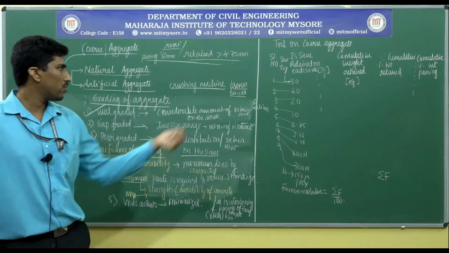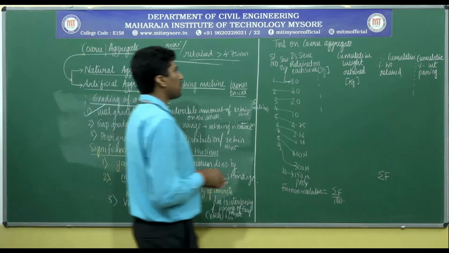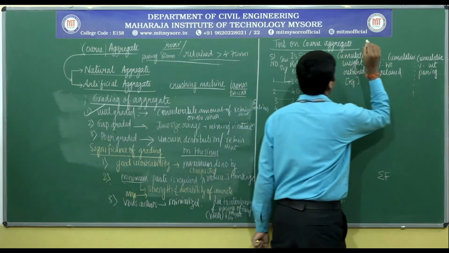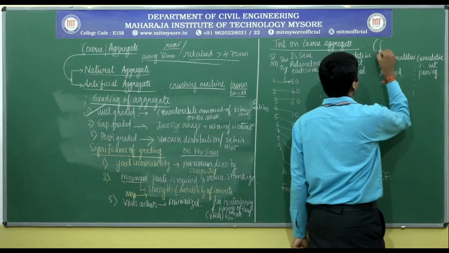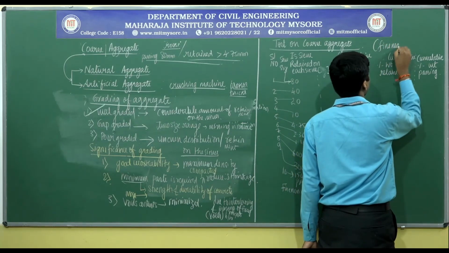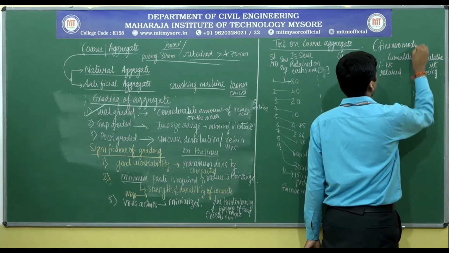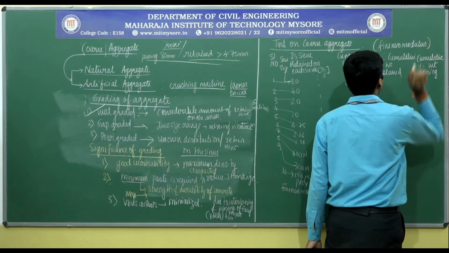Okay, let us get to know the tests one by one. The first test that I am going to cover is the determination of the fineness modulus content of the coarse aggregate.